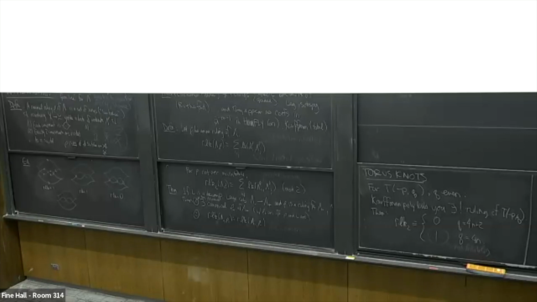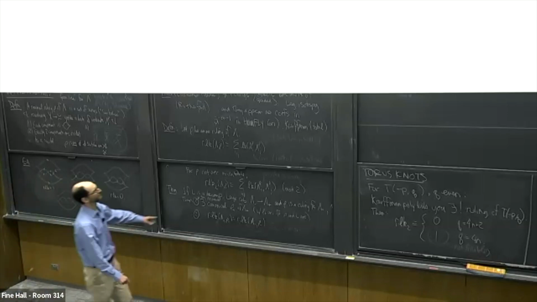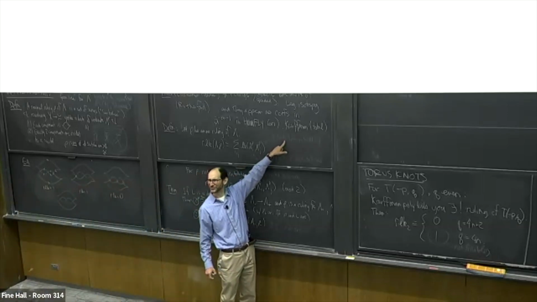But the Hopfli bound being sharp means, by Dan's result, that you have a ruling, and the conjecture is based on the hope that if you have a sufficiently nice ruling, whatever sufficiently nice means, then you can fill it. This is saying how careful you have to be for that to work. So probably the Hopfli bound is sharp, and you need to know something about the coefficients of the Hopfli bound, and then maybe.